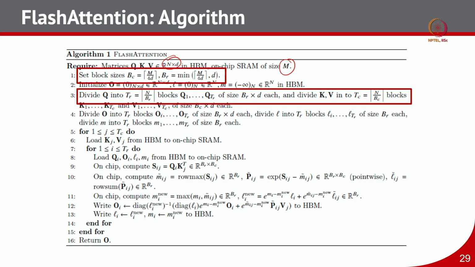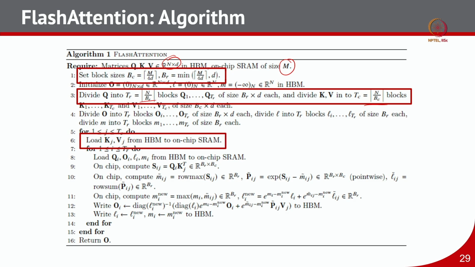Now, the next task is to divide this QKV into blocks, where TR and TC are the number of blocks. TR is nothing but N over BR and TC is N over BC, right. Then we can load each of these blocks from HBM to on-chip SRAM, right.